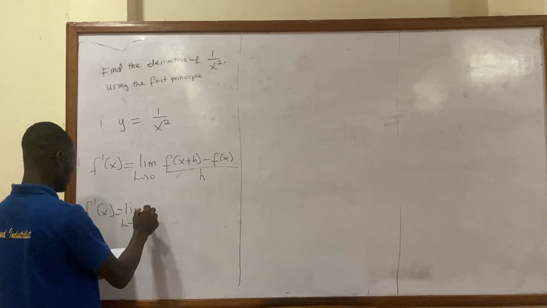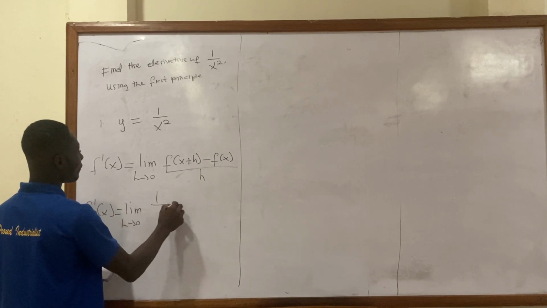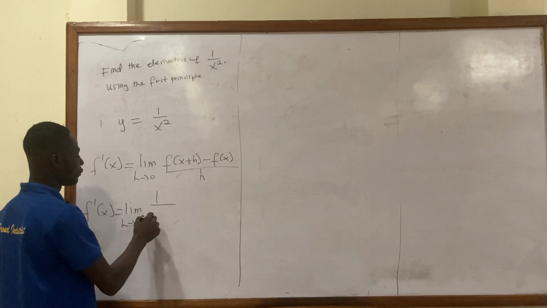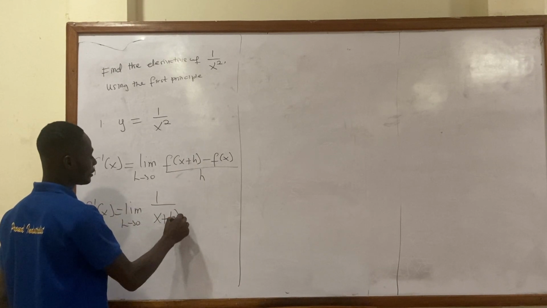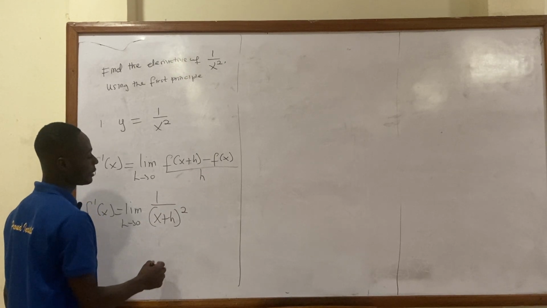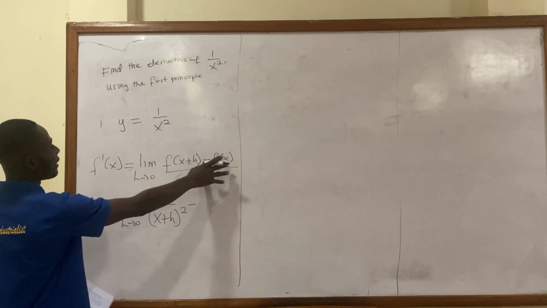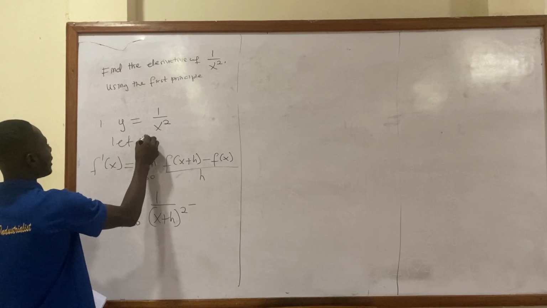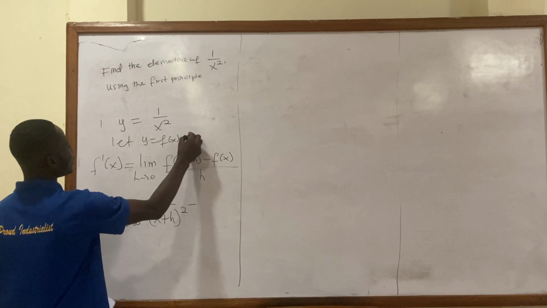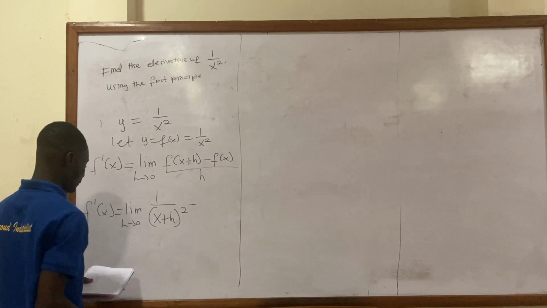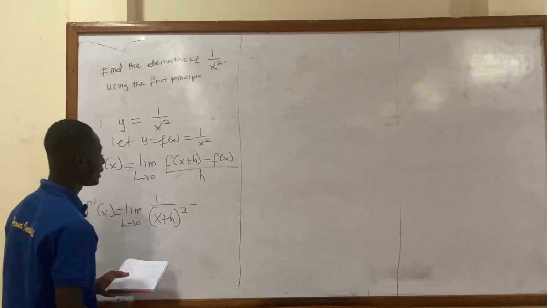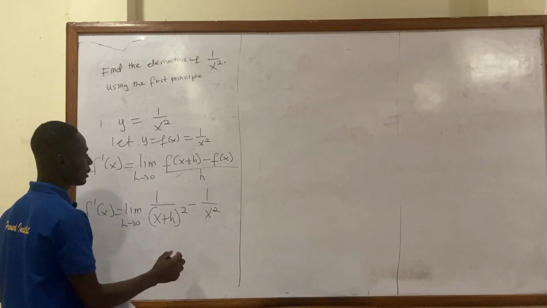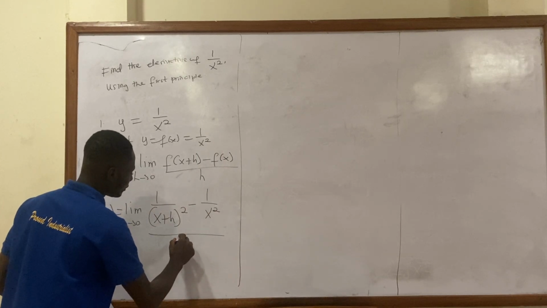This will be written as 1 over, wherever we see x, we add h, so x plus h all squared, minus f of x. Let y equals f of x, which is equal to 1 over x squared. So we have 1 over x squared, all over h.